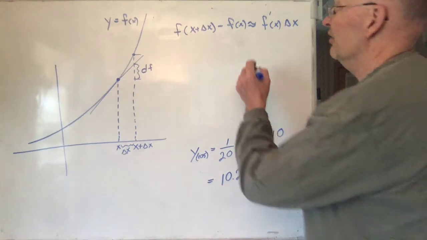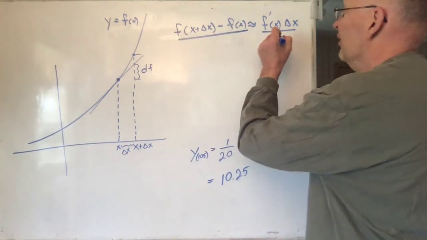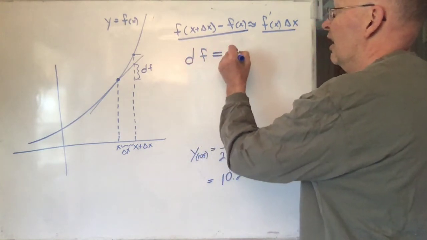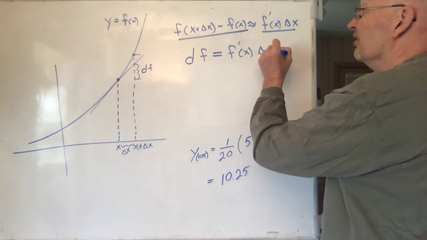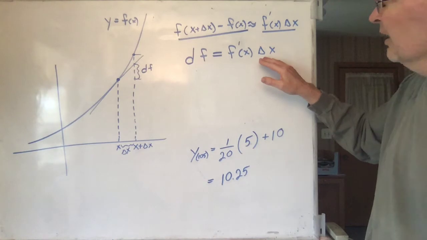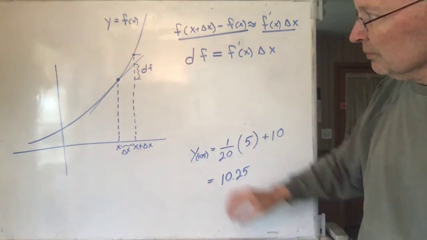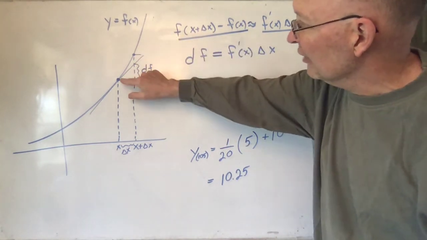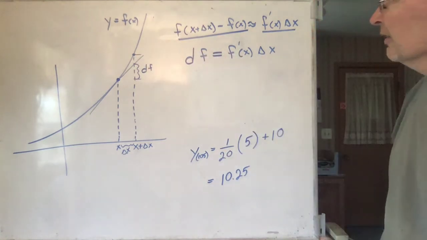So in other words, this is approximately the case, but this thing right here is, by definition, f prime of x times delta x. So you take the derivative there, multiply it by delta x, and you get this change right there. And then if you want this value, you just add this change onto that value to get something which is approximately that value.